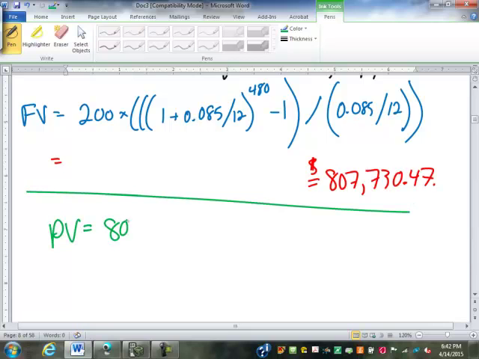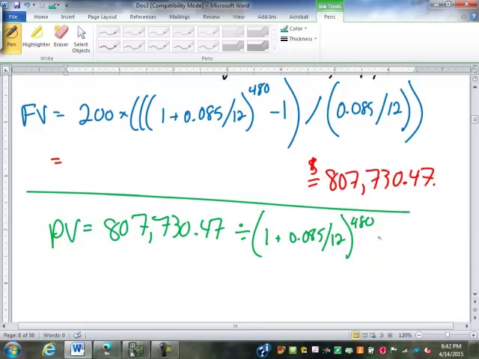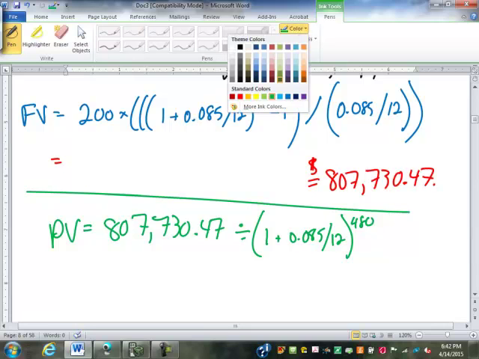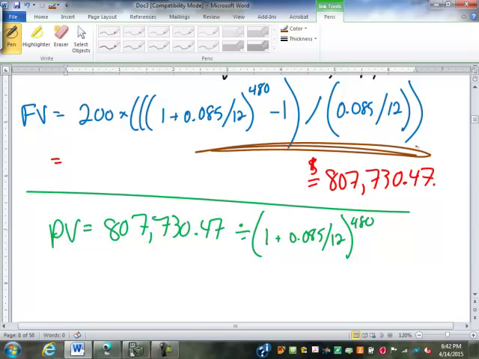So that's going to be the 807,730.47 divided by, and we're assuming we can still get that 8.5%. So 1 plus 0.085 divided by 12, close to the power of 480. And that's it, because it's just a single payment. The only time we have to go through all this other junk is if we're making regular payments. If you have a single payment, it's just that simple formula from the last week.